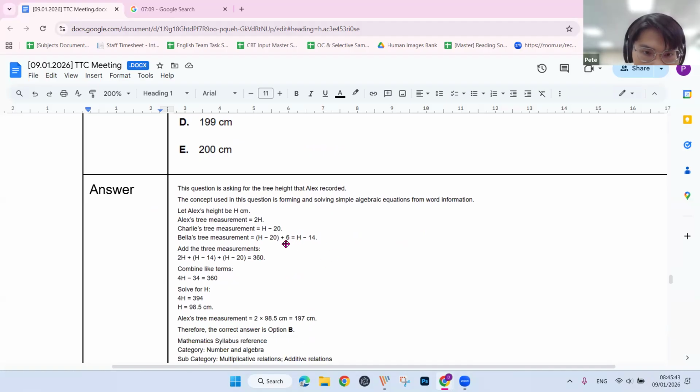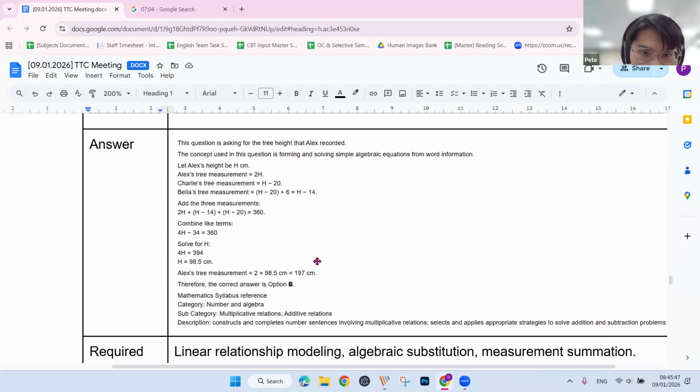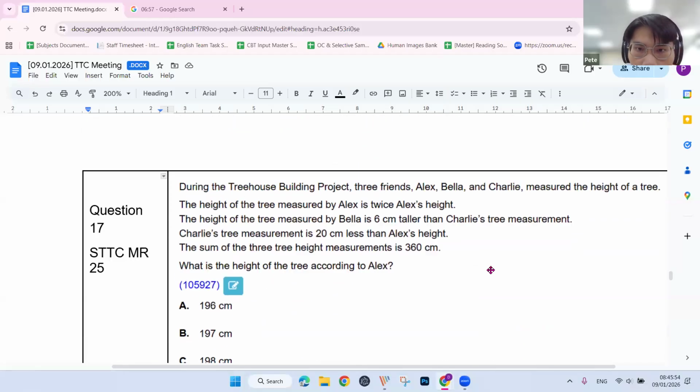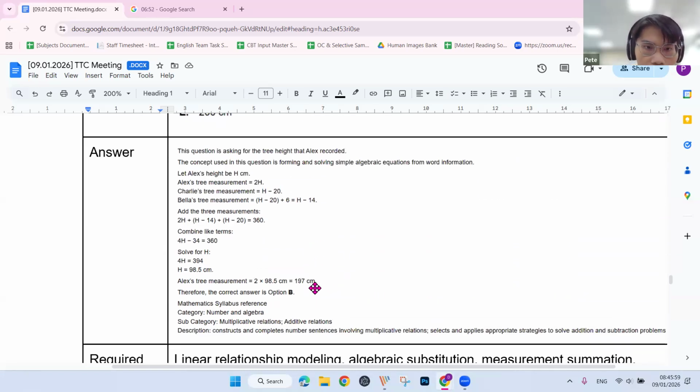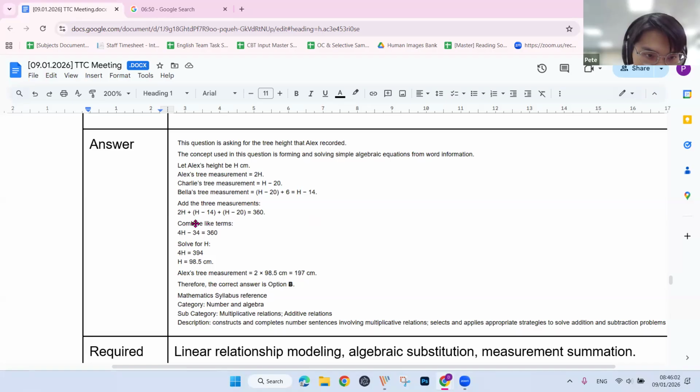Charlie's tree measurement would be h minus 20, and Bella's tree measurement would be h minus 20 plus 6, which is h minus 14. The total sum of the tree height measurements is 360.